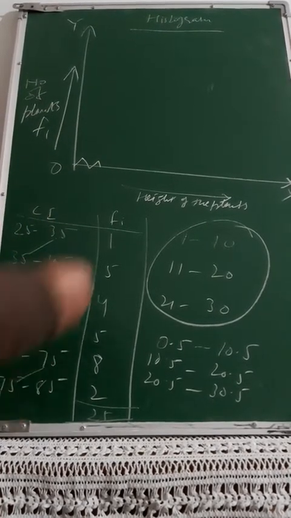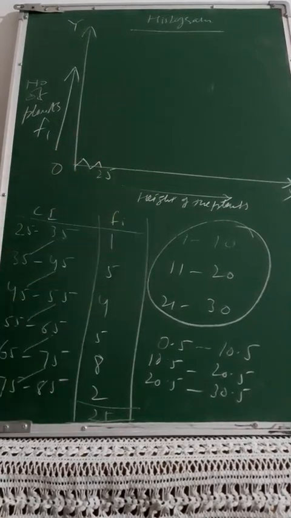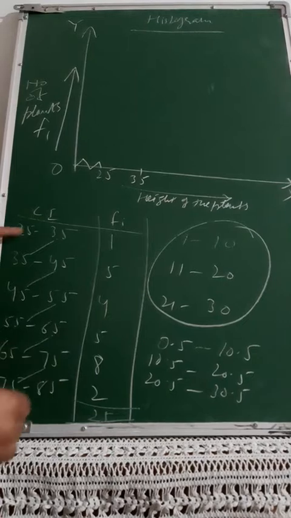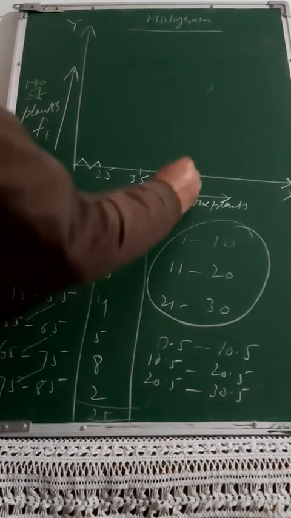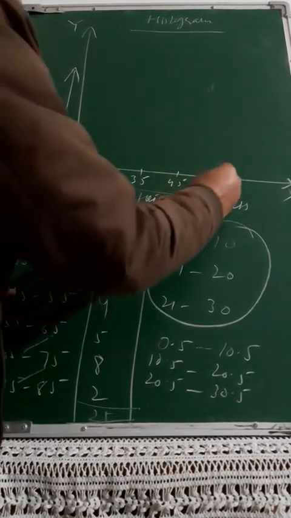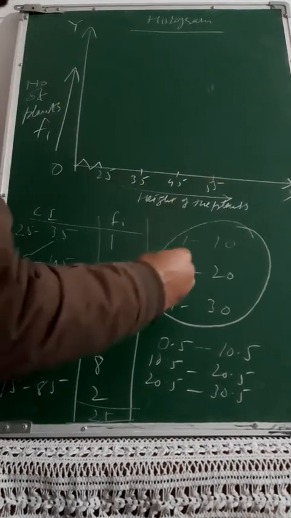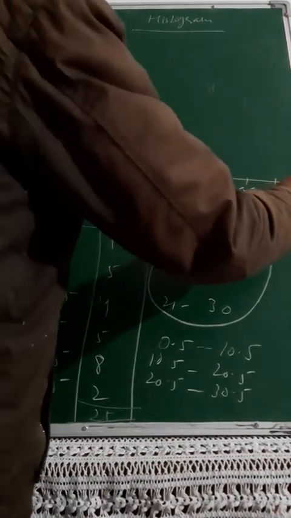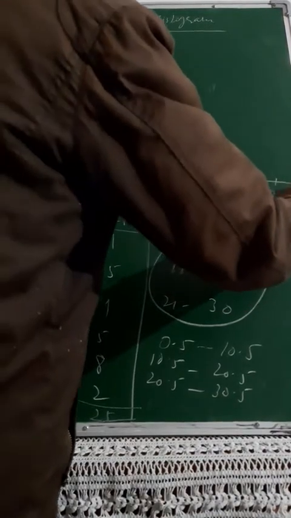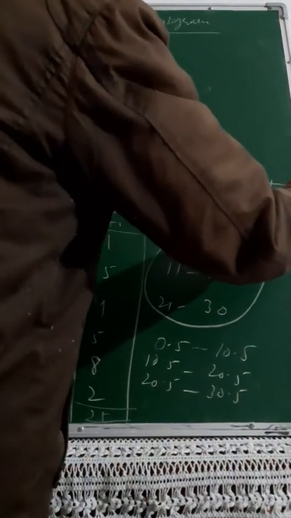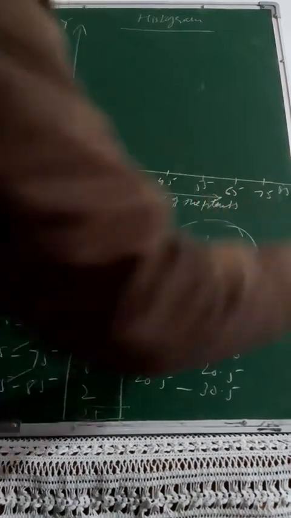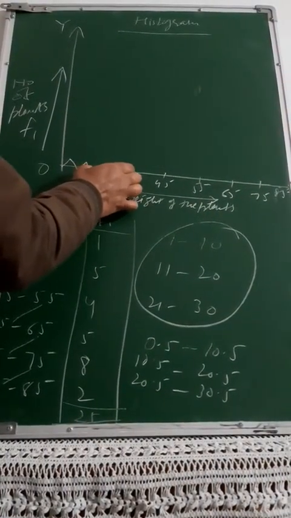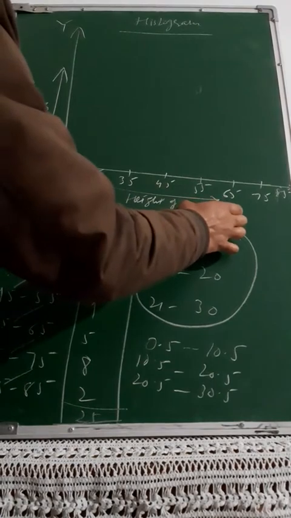So I can start with 25 straight away, and then it is 35. So this is the first class interval. Then next is 35 to 45, then 45 to 55, 55 to 65, 65 to 75, and finally 75 to 85 along the x-axis. 1 centimeter equals 10 centimeter of the height of the plants I am taking.